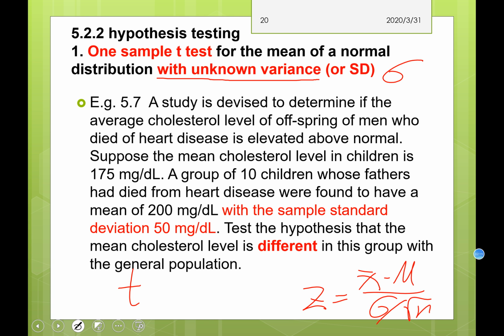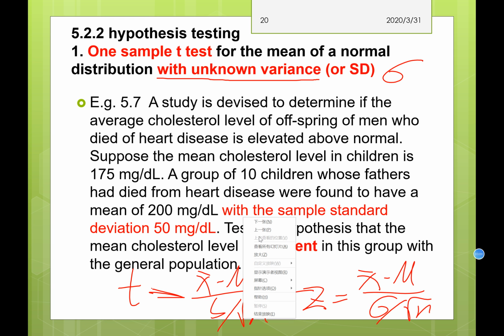But when sigma is not given, we need to use S to replace sigma, and then we get T distribution. So here, the precondition for t-test is sigma is not given. So if we find that there is no sigma in the question, we need to use T distribution for hypothesis test.